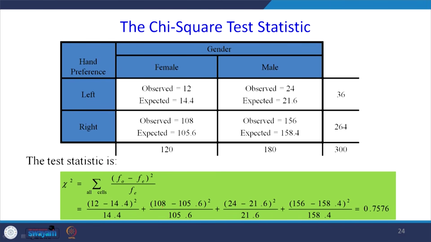For this one, 108 minus 105.6 whole squared divided by 105.6, plus for this cell 24 minus 21.6, squared, divided by 21.6, plus 156 minus 158.4 whole squared divided by 158.4. We get 0.7576.